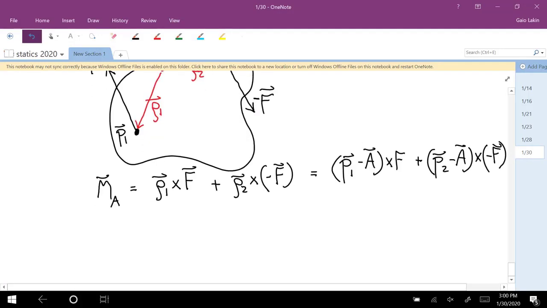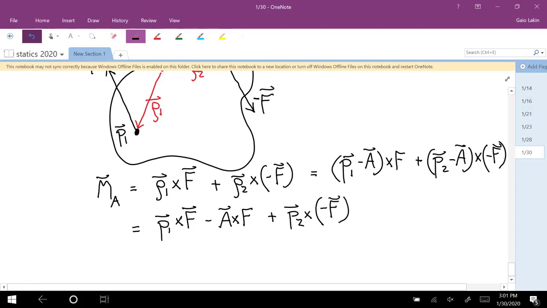Okay, so you can distribute multiplication out with the cross product. So this gives you P1 cross F minus A cross F. That's the first one. And then add on the second one that says P2 crossed with negative F minus A crossed with negative F. And now you can pull out the negatives.